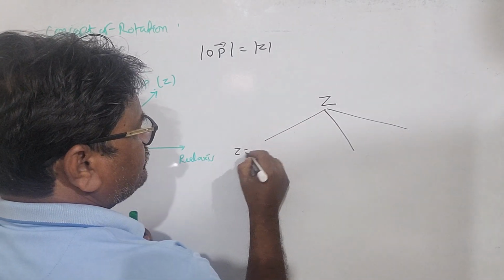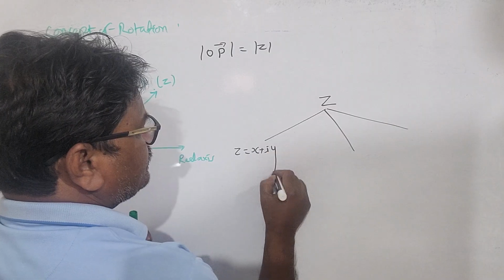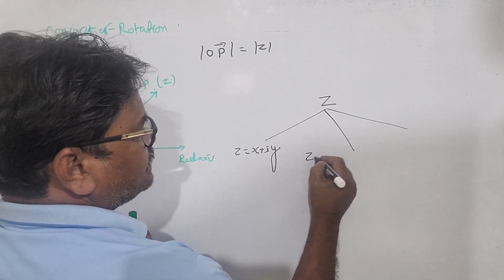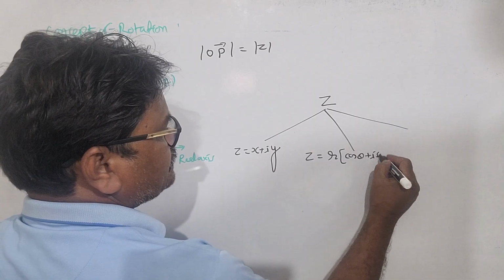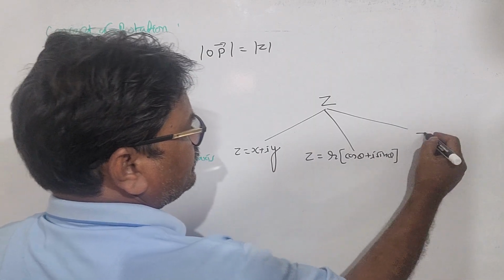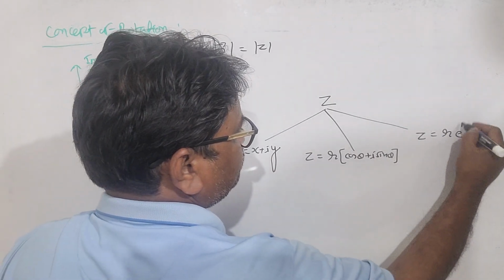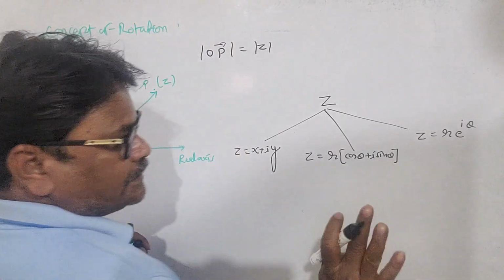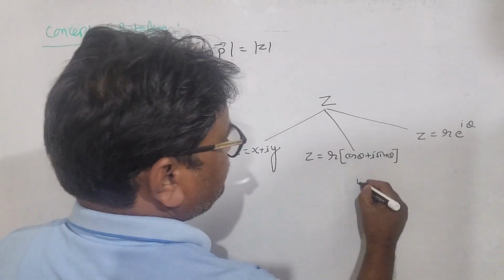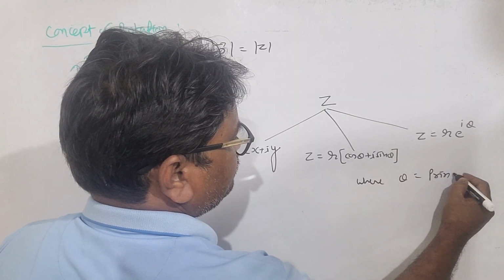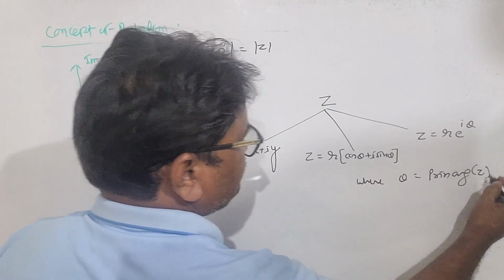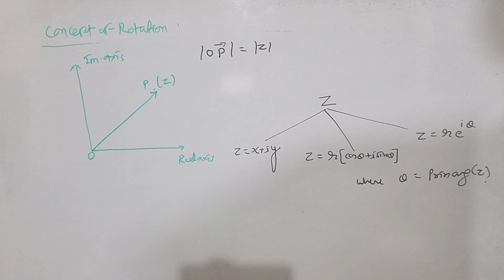Z equal to x plus iota y is the Cartesian form, Z equal to R into cos theta plus i sin theta is the polar form, and Z equal to R into e to the power iota theta is the Euler form, where theta is the principal argument of Z, the principal value of the argument of Z.